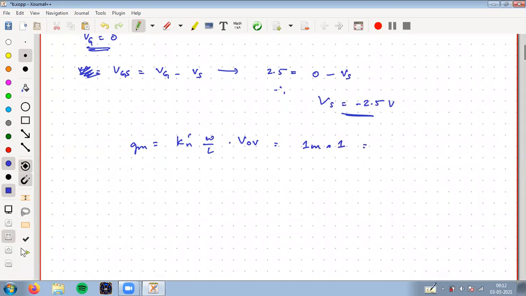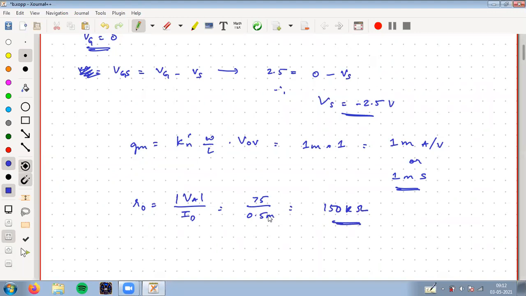So this is 1 milliampere per volt, or 1 millisiemens. Now r0 is given by mod VA by ID. Mod VA is 75 volts divided by ID, which is 0.5 milliamperes. So this is 150 kilo ohms.